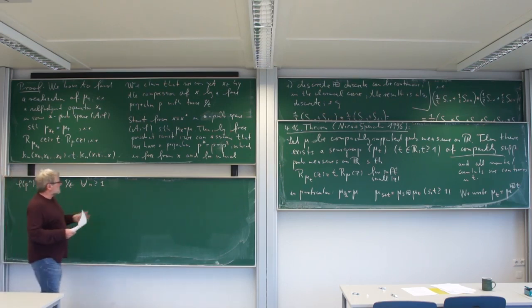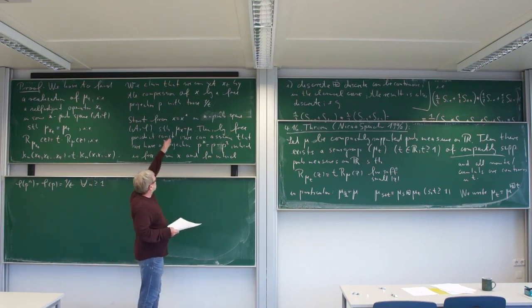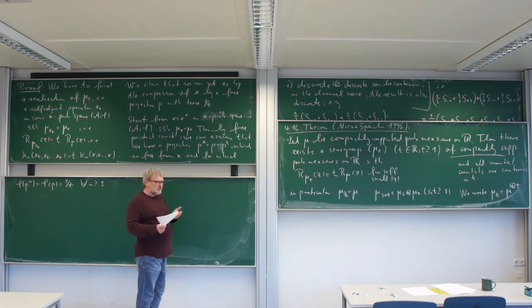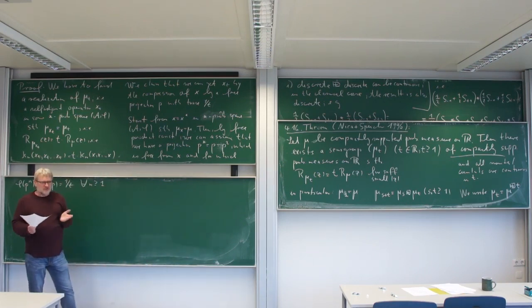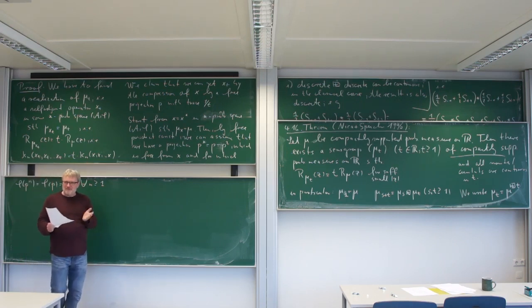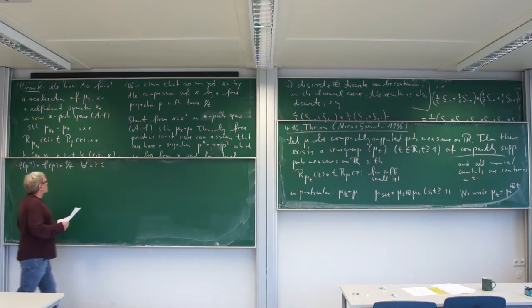Phi restricted to the algebra generated by X is a trace, because X is commutative, and phi restricted to P is also a trace. If I do the free product construction of this, then phi restricted to the algebra generated by X and P also is a trace. We can assume our algebra is generated by X and P, because that's the only thing we do. So I can assume that my phi is a trace.